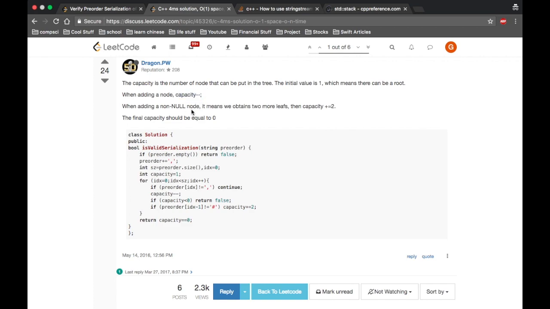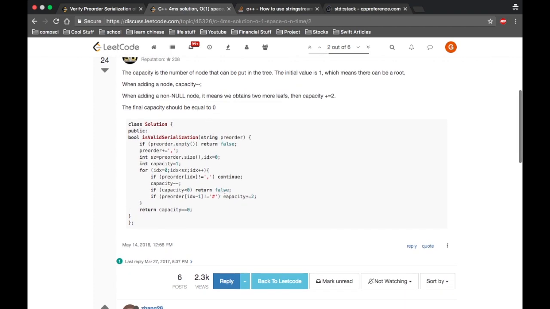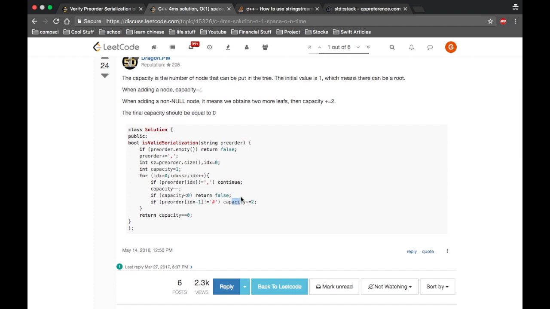When adding a non-null node, it means... wait, I looked at this last night. If it's not null, you add 2 because it's a parent, right? The goal at the end is to have 0 capacity.